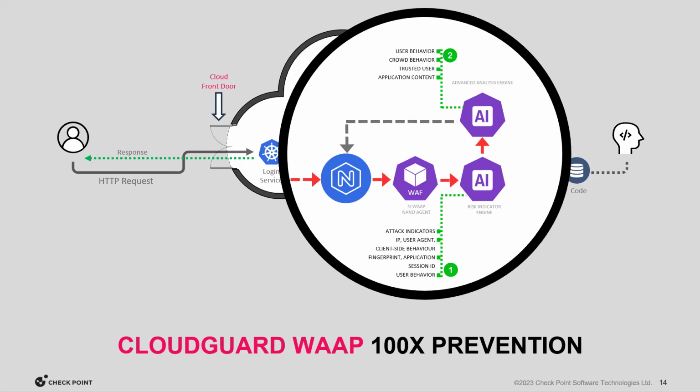And then that reverse proxy is leveraging the CloudGuard WAF nano agent and the two-stage enforcement, right? So the risk indicator engine is the first stage, where you have your IP, user agents, your client-side behaviors, your fingerprints, session IDs, all of the stuff that you are familiar with from an HTTP payload perspective. And then if that request needs further analysis, it hits stage 2, where you go through the user behavior, crowd behavior, and so on.